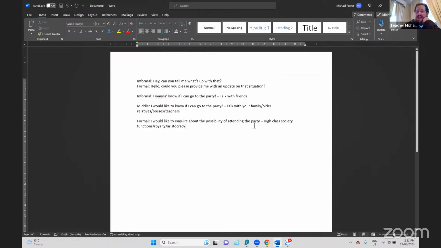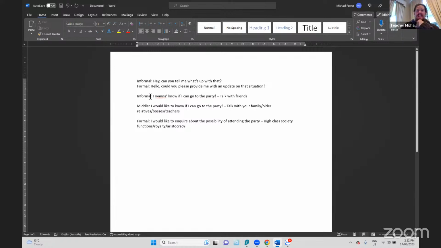So yeah, we see here the different levels of, I suppose, formality in language. We've got informal. We've got, again, I really don't know what to call that level in the middle, where it's not quite formal, but it's definitely not informal.